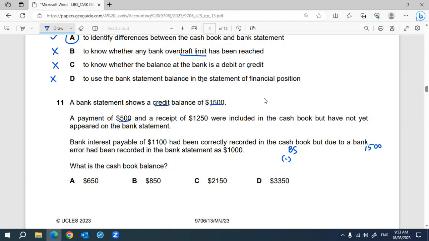This 500 actually refers to unpresented checks. Okay, and then we need to add 1,250, which is none other than uncredited deposits.